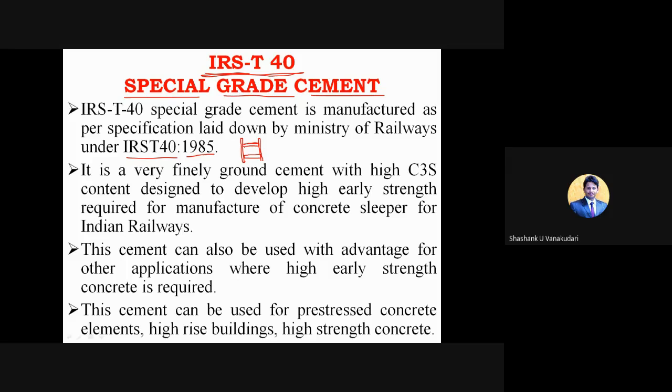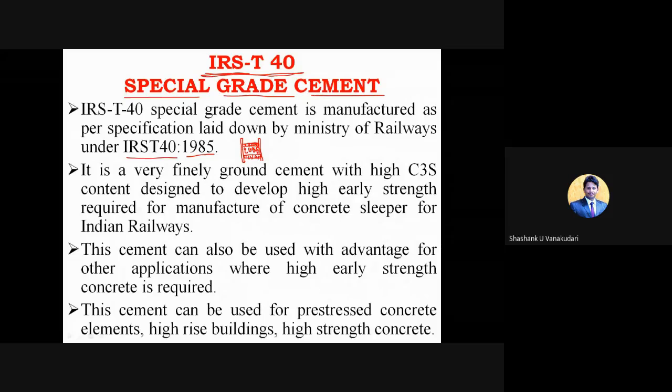They place the ballast, I mean the biggest aggregates you can see, that we call ballast. Here this special grade cement is used to manufacture this member. Understand? This member we call the railway sleeper.